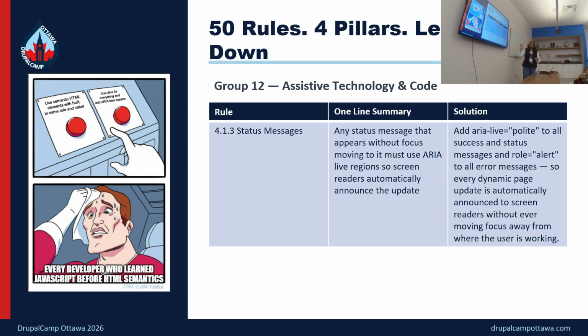It should read that a pop-up has occurred or an error has occurred. But every now and then, the screen reader may get lost or it creates noise. Solution is to add aria-live polite to all the success status messages, and role equals alert to all error messages. So every dynamic page update is automatically announced to the screen readers without ever moving focus away from where the user is working.